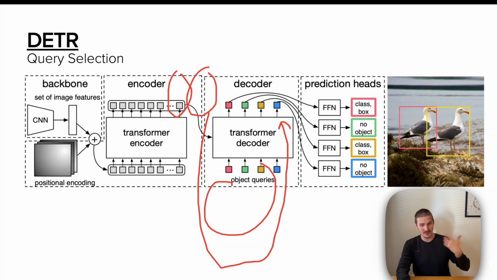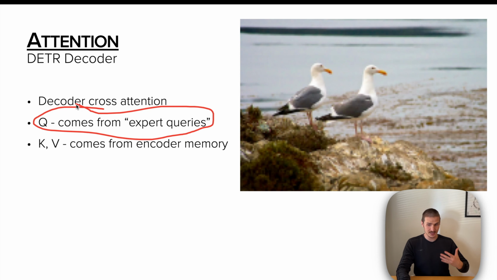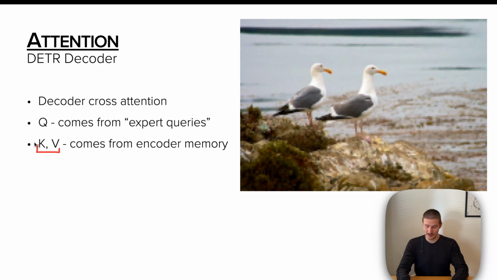And so we can apply this layer by layer. Once again, in the DETR decoder cross attention, Q comes from these queries, sometimes called experts, and then key and value come from encoder memory.